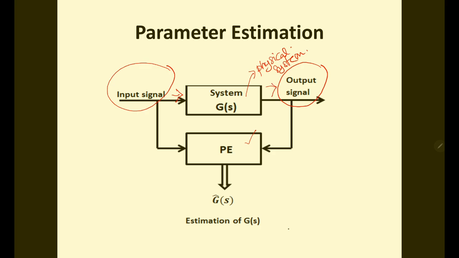With the help of the input and output signals, we can have the parameter estimation for the mathematical model, and from here the model parameter vector can be identified. In this lecture, we are going to see how we can identify, through the estimator for mathematical models, by giving the input and output signals.